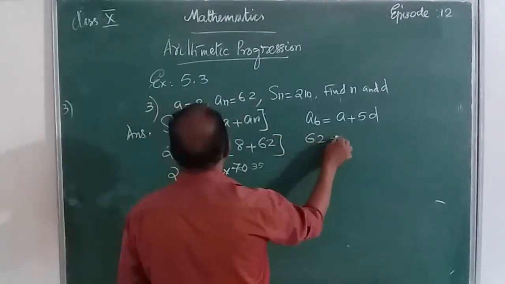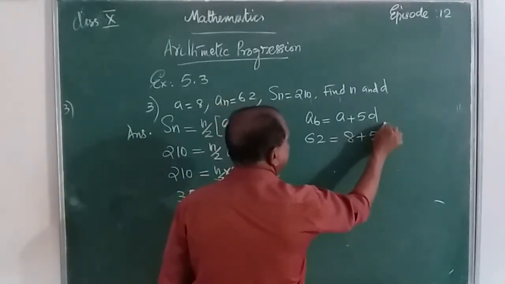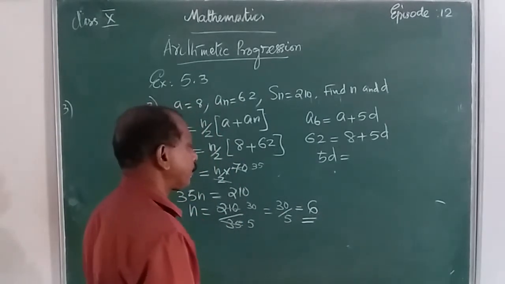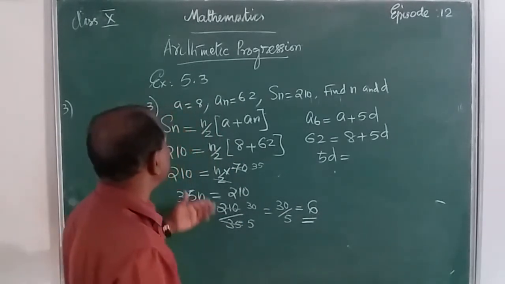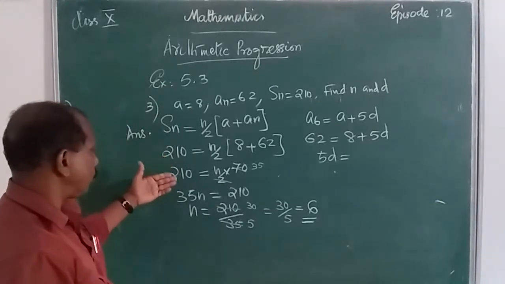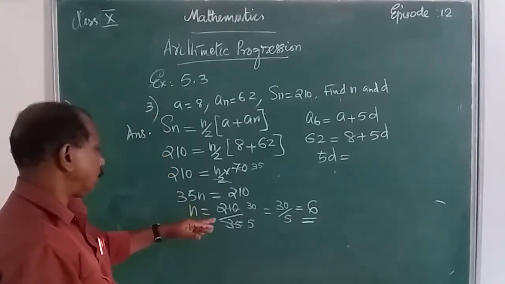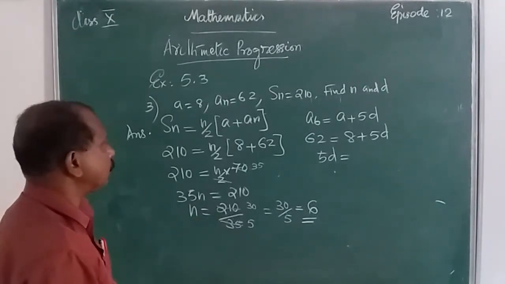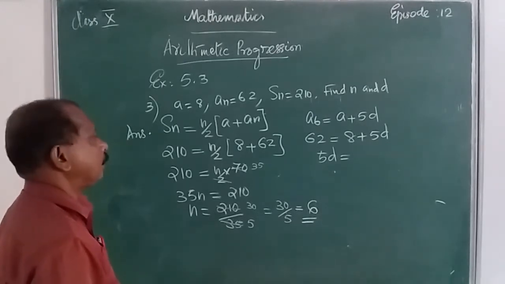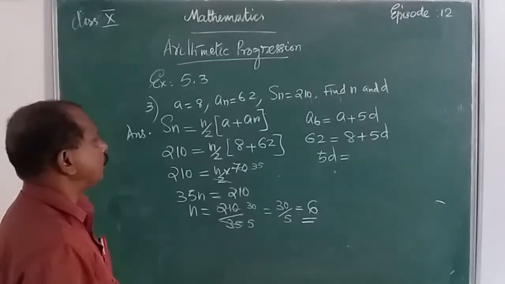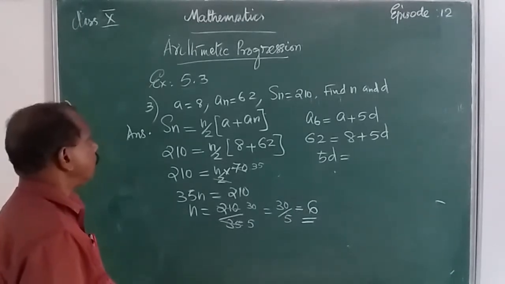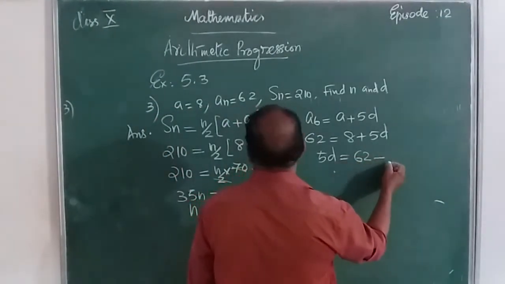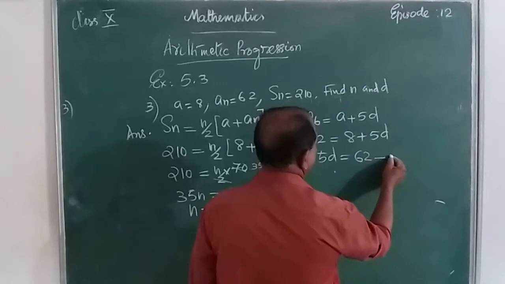Therefore, 62 is equal to 8 plus 5d. Therefore, 5d is equal to 62 minus 8.